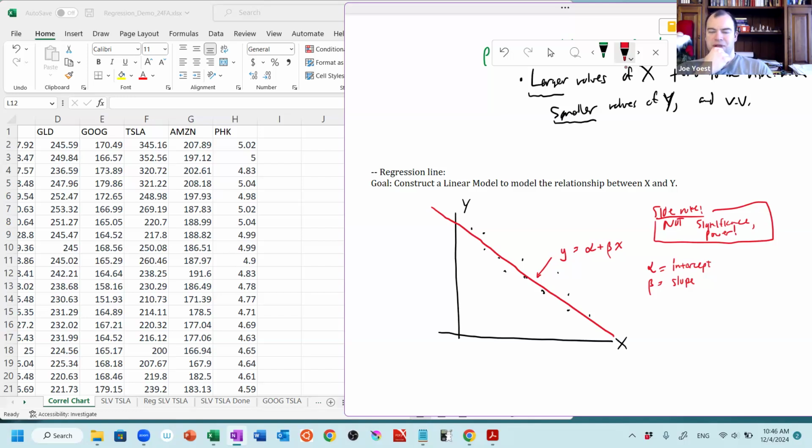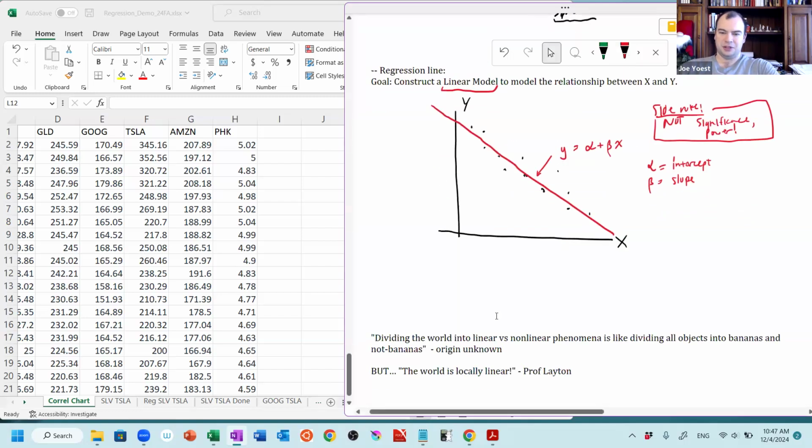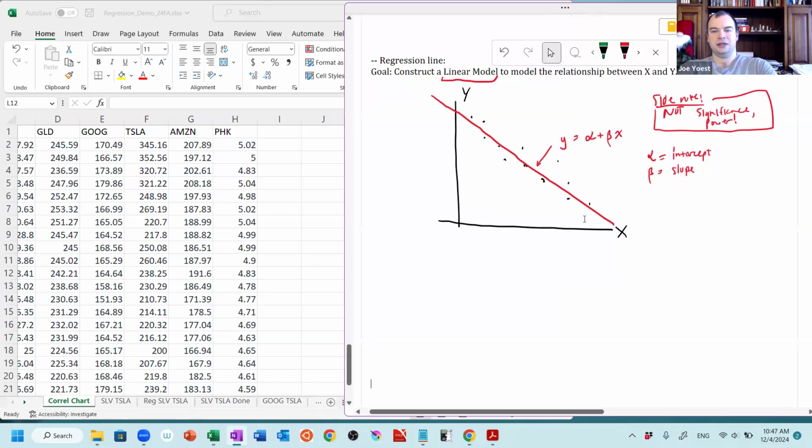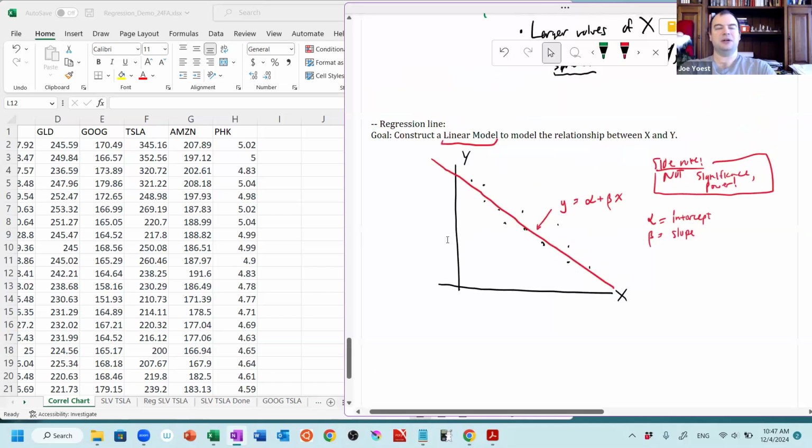Okay, so this is the goal of a regression line. I want to construct a linear model to model the relationship, hopefully the linear component of the relationship, between X and Y. But here I'm being a little bit careful. We're using this as a model to model the overall relationship between X and Y. There are some X's and Y's where the relationship overall is well modeled by a straight line, like this scatter plot, for instance.